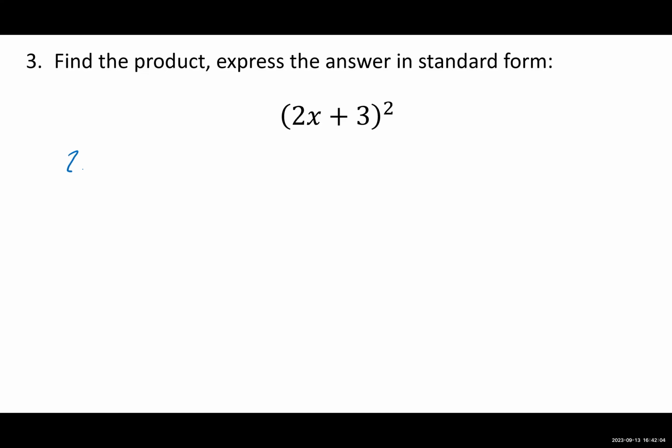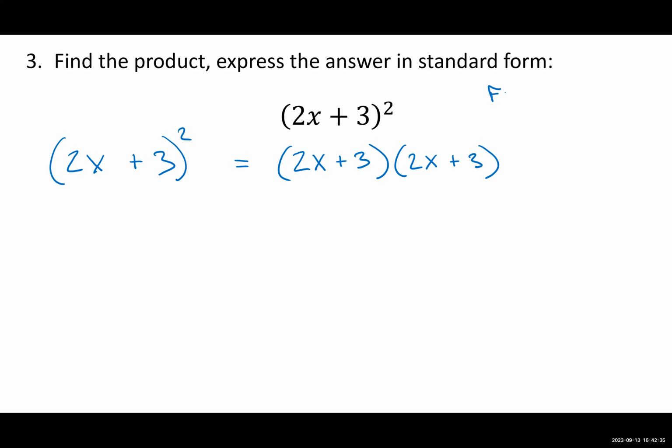So 2x plus 3 to the second power is equal to 2x plus 3 times itself, 2x plus 3.